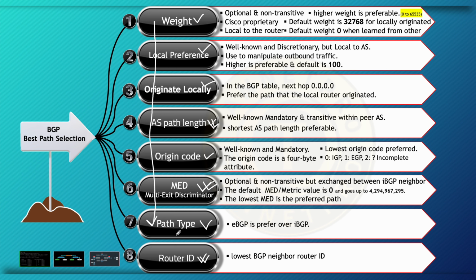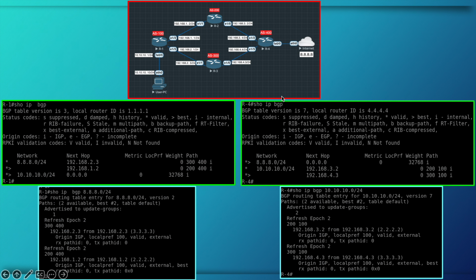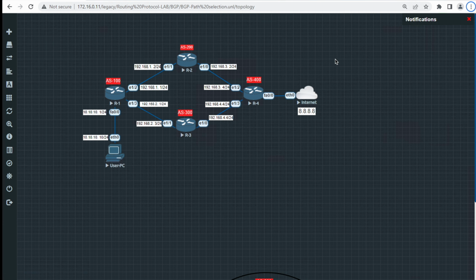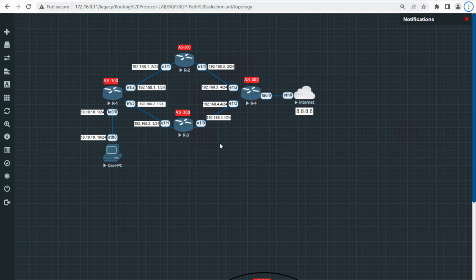Now the last option, the eighth, is left: the router ID. Where is the router ID? How do I understand it? Let me take you to the lab. Yeah, here it is.